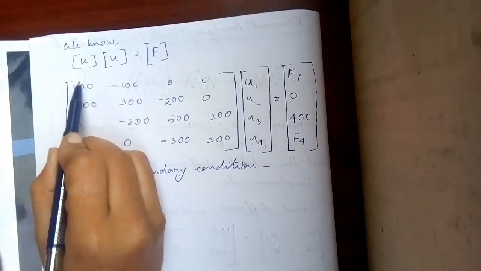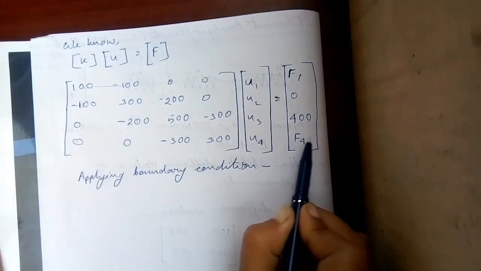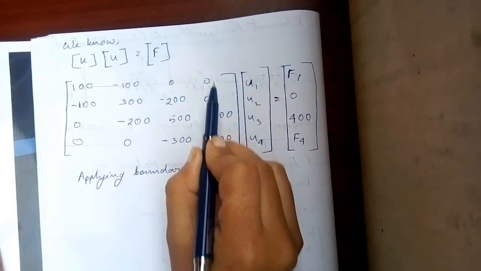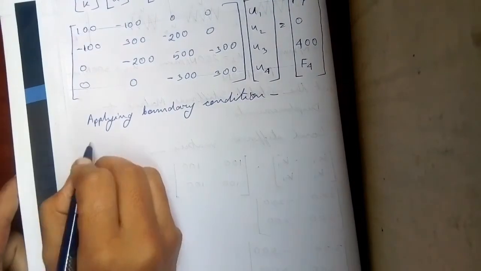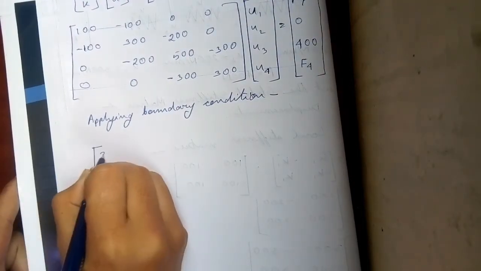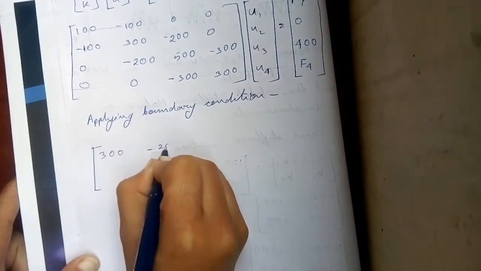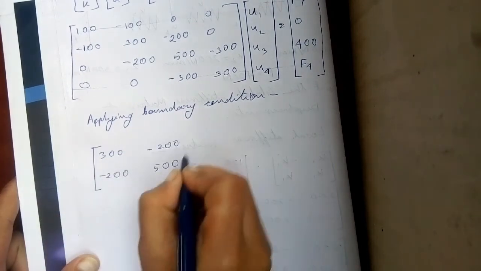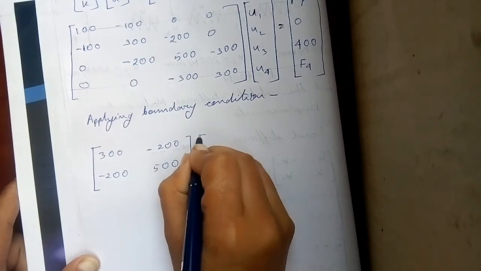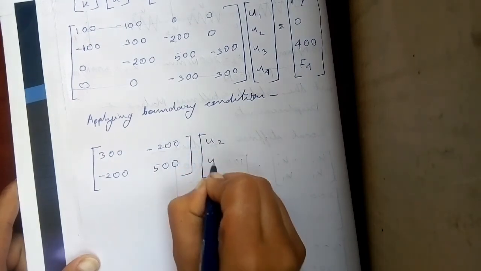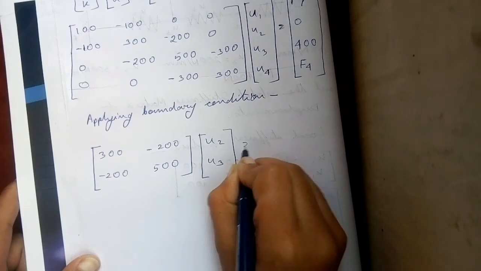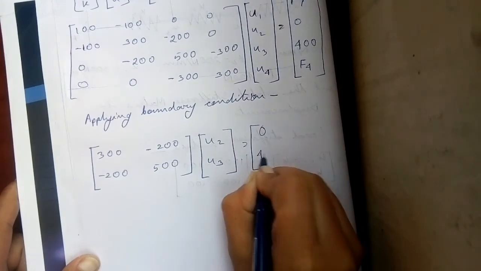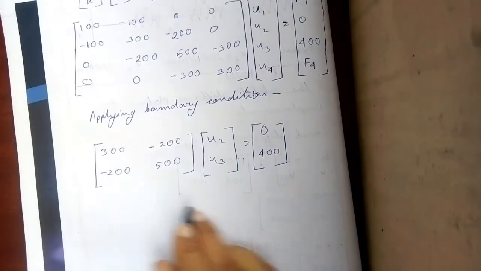Therefore this complete row and this column and this row and this column will become 0. Now the remaining elements of K is 300, minus 200, minus 200 and 500. Displacement at 2, displacement at 3, 0 and 400.